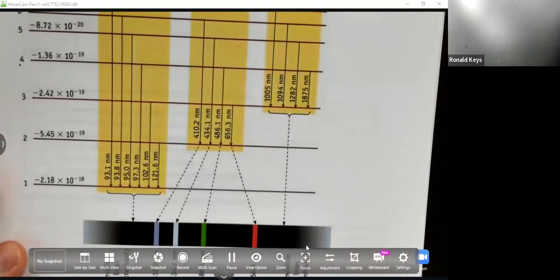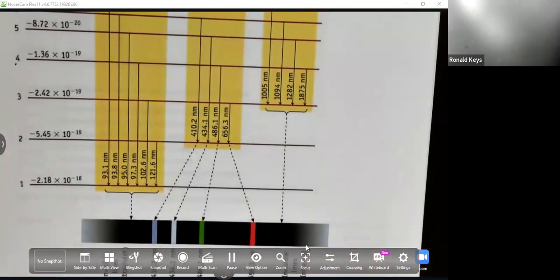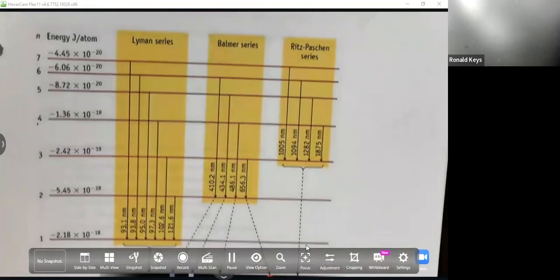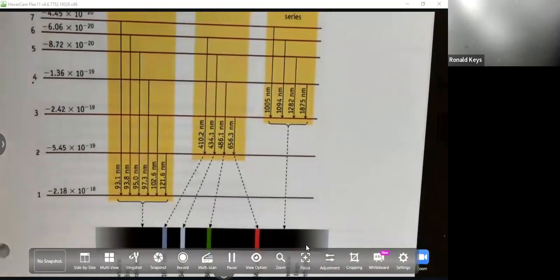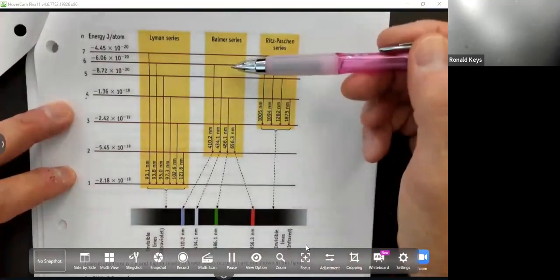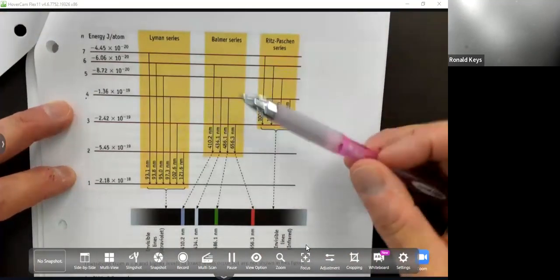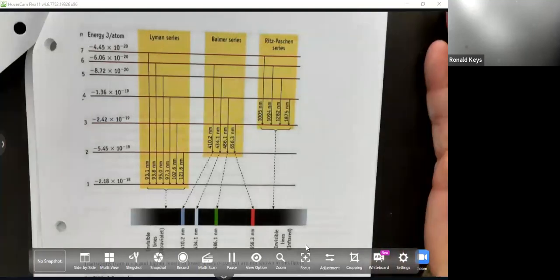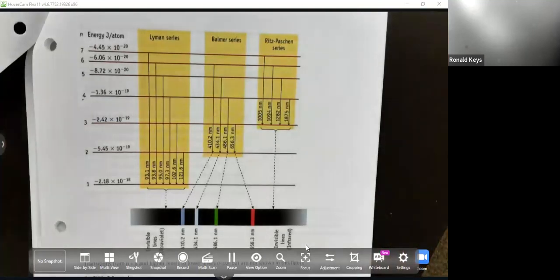So on page 11, we know that if we put energy into an electron, we can boost the electron farther into what we call energy levels, certain levels around the nucleus.